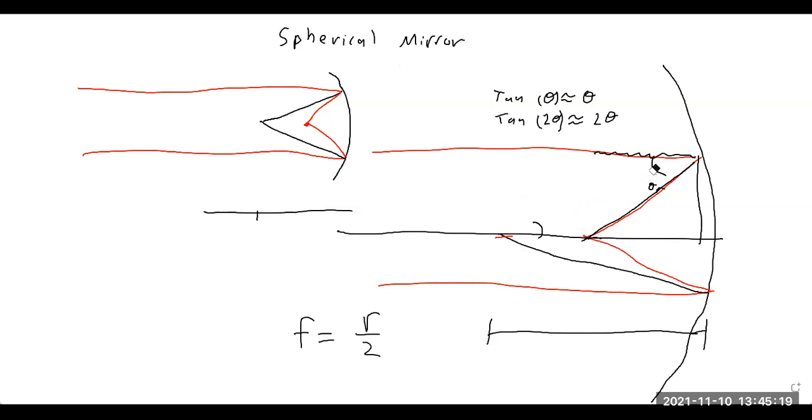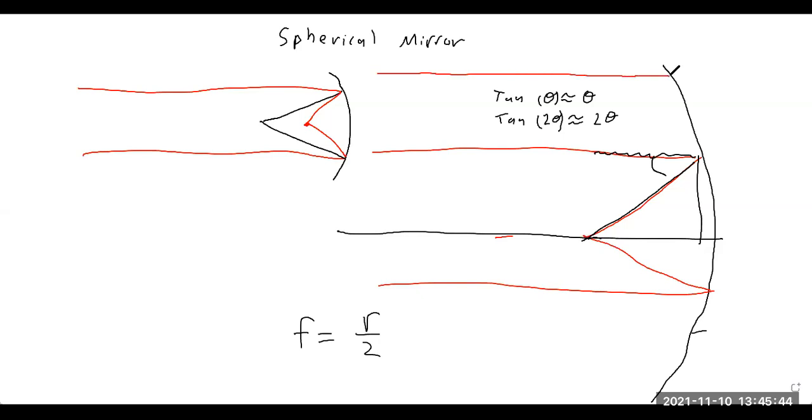To see the imperfections of this, if you look to bigger and bigger angles, something comes in from way far from that central axis of the mirror. It doesn't quite meet at the same focal point.